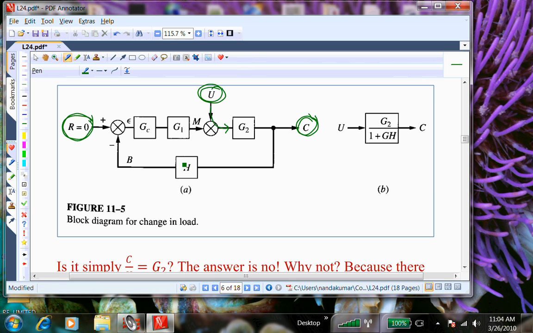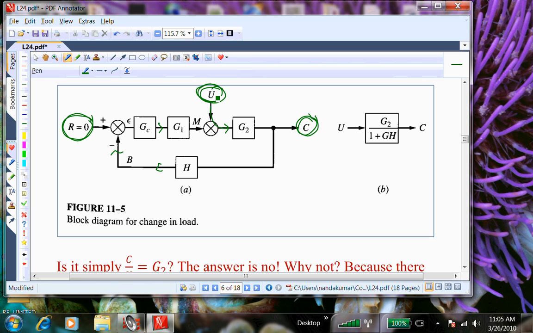Because you are measuring C and sending that to the measurement variable, and even though the set point is 0, this signal goes to produce an error signal, and the controller action generates an action, and the control valve implements it. So there is a signal that is flowing through this and back into the process, superimposed on whatever U is coming. The idea is that the effect of U should be annulled, it should be cancelled.